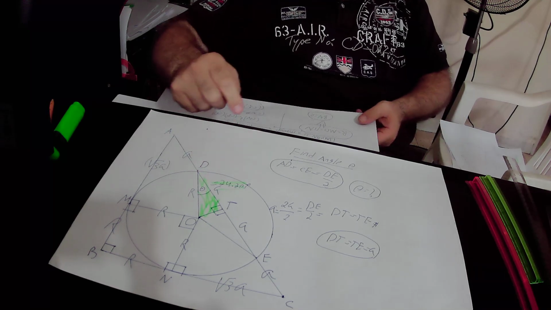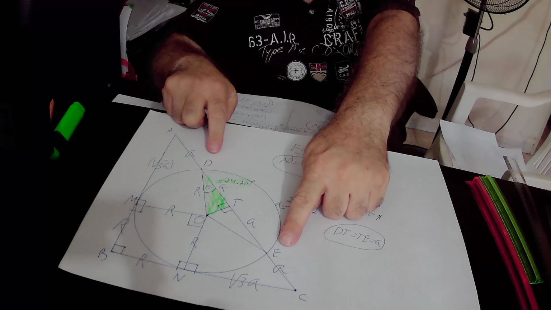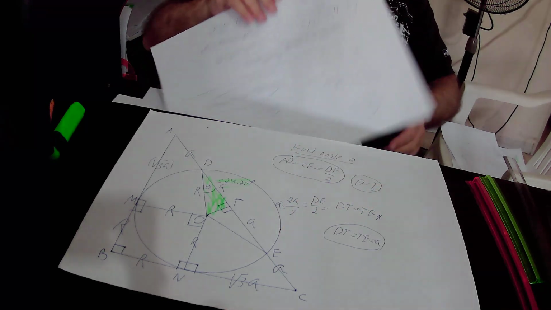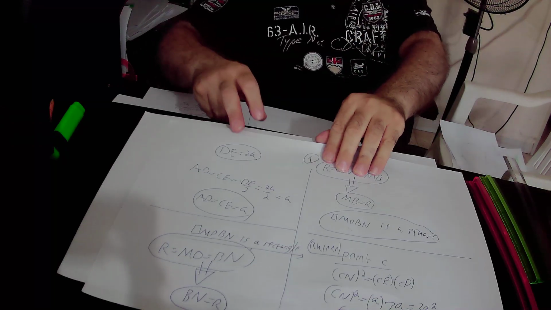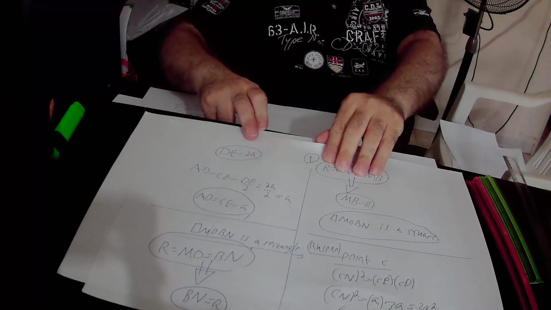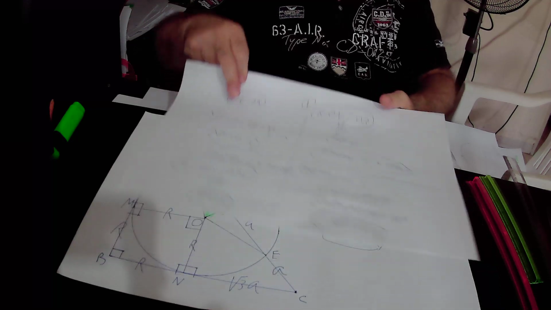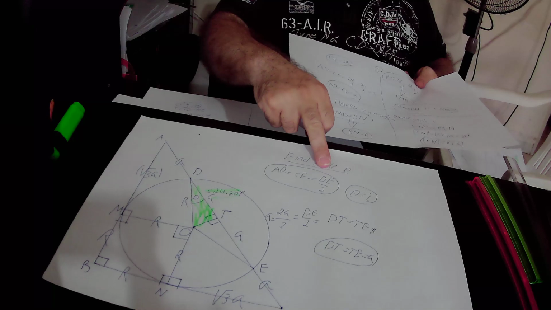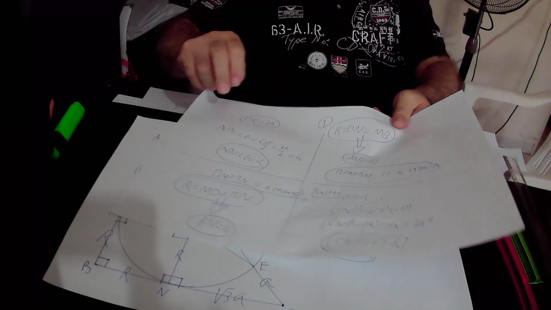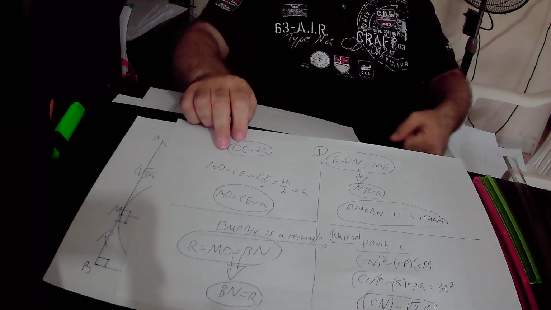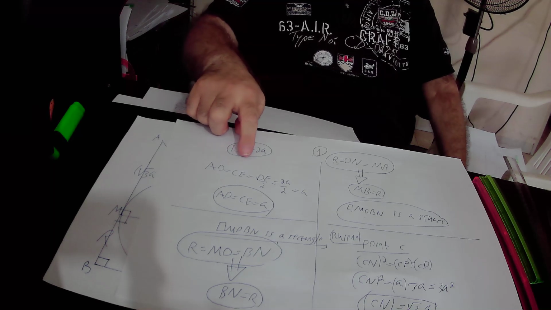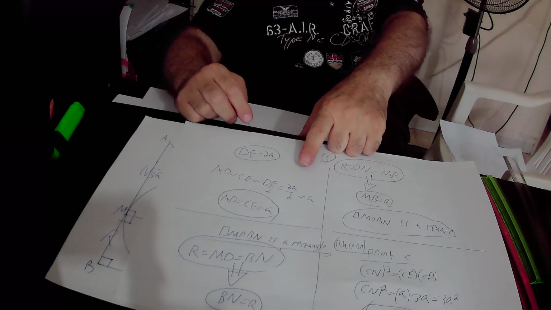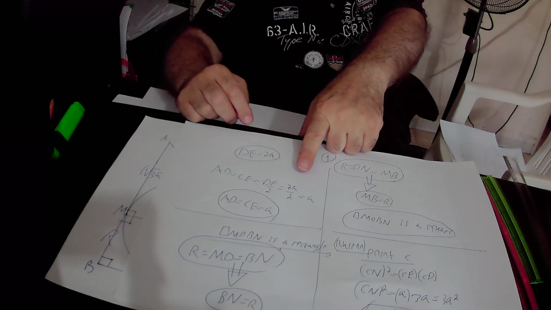So first of all, we defined DE, the length of DE is 2A. Here, DE equals 2A according to our definition. And we have the equation given: AD equals CE equals DE over 2. So I copy what is given, AD equals CE equals DE over 2, but according to our definition DE equals 2A, so we can substitute DE by 2A.